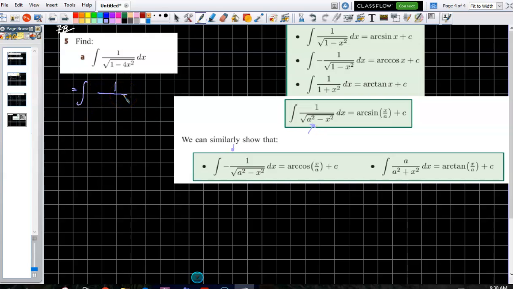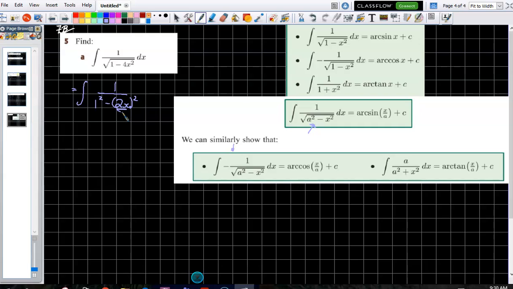But what's my A? We're happy that that's 1 squared minus x squared. That's not actually going to fit, is it? Because I would have 2x squared, but that's not just a plain old x. So that's not going to fit.